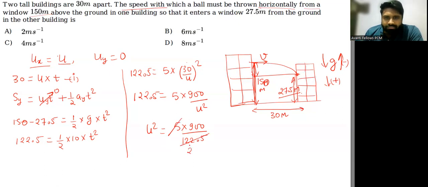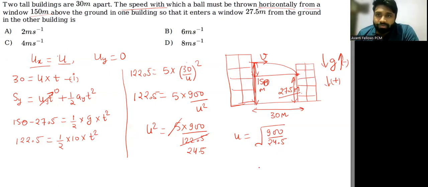Okay, you can cancel this. 5 twos are 10, 2 will remain, 5 fours are 20, and 5 fives are 25. So u will be the square root of 900 divided by 24.5.